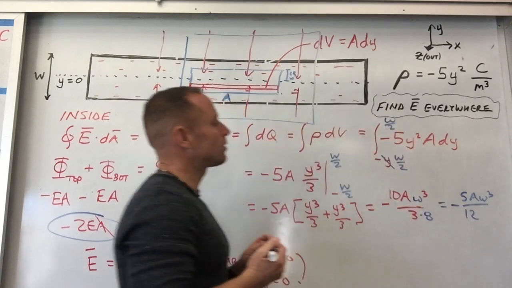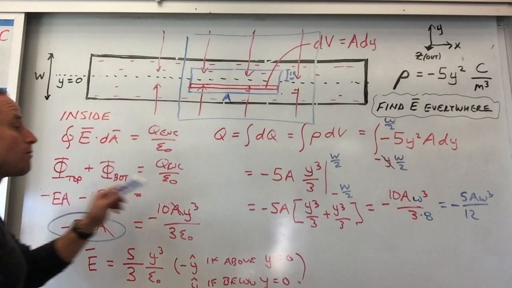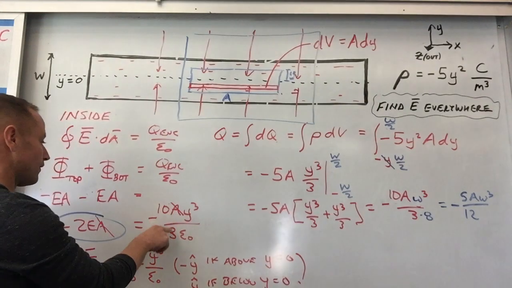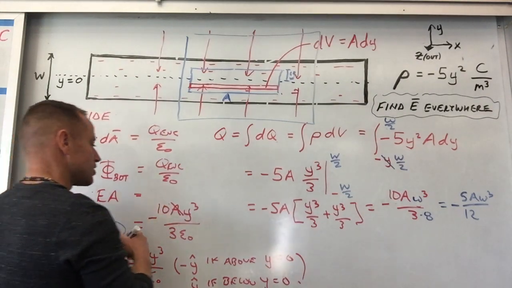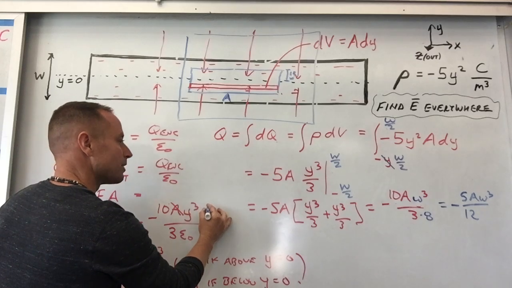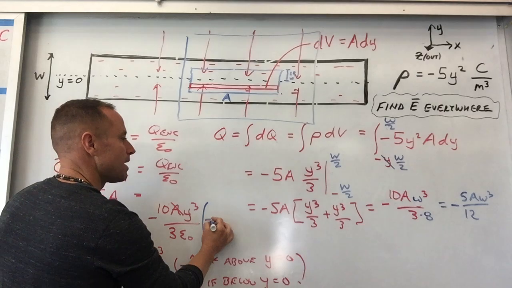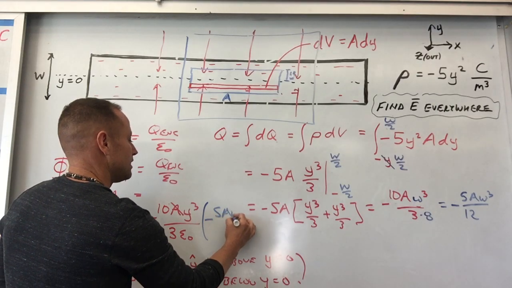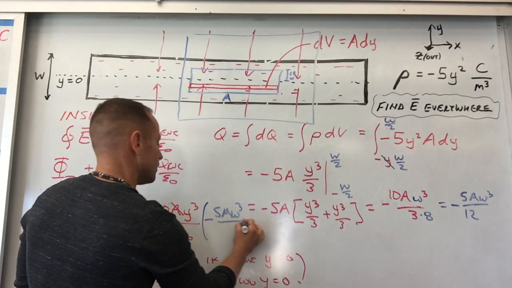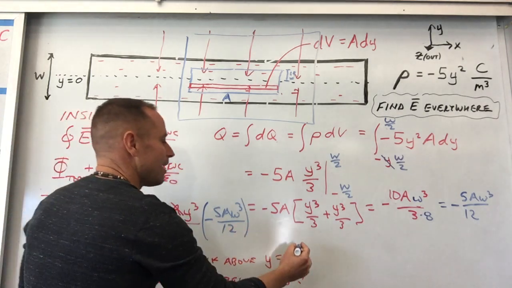Minus 5/12 a W cubed. And that's your enclosed charge. So then you want to put that in for the enclosed charge here. Again, I'm just going to write that in blue so we don't have to redo all this work. I'm going to put this in parentheses, it's going to be minus 5aW cubed over 12.